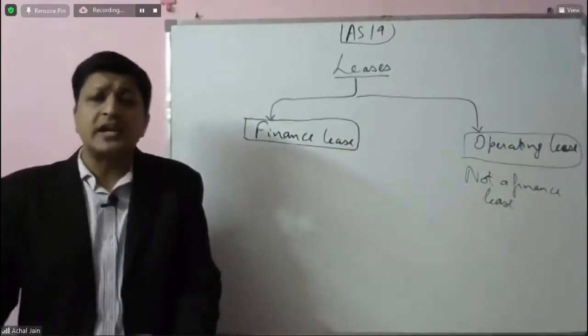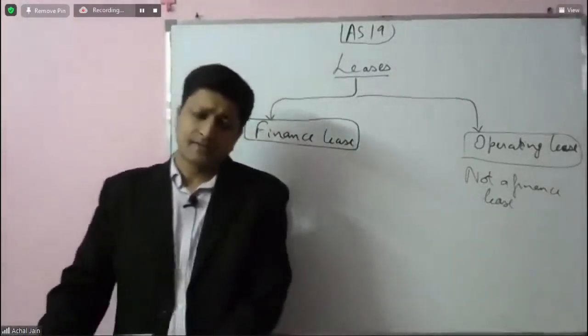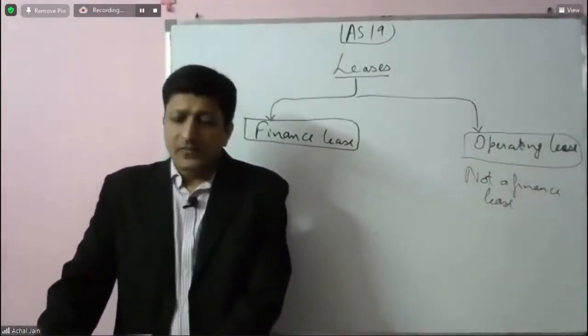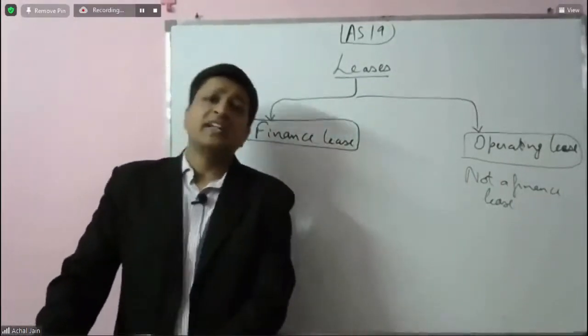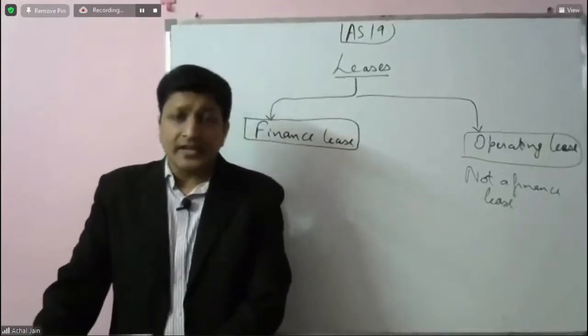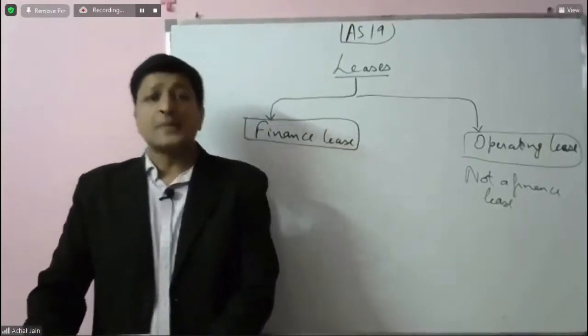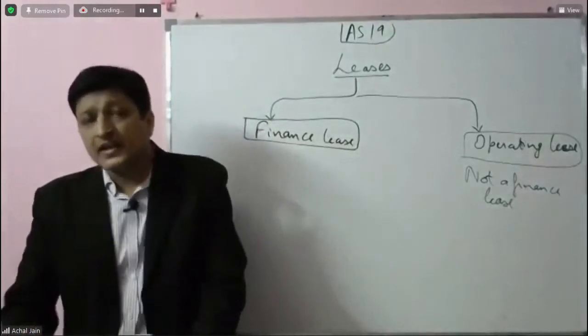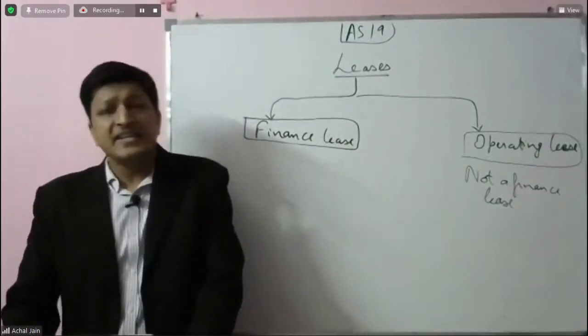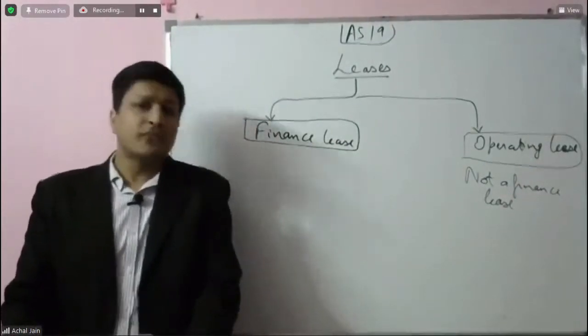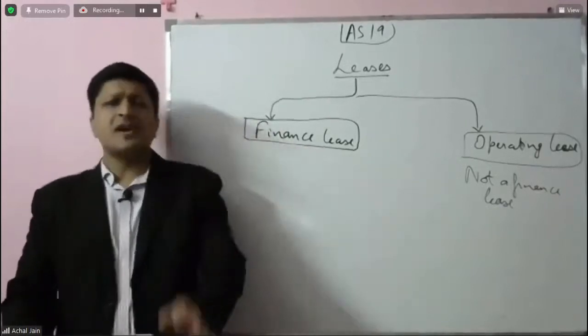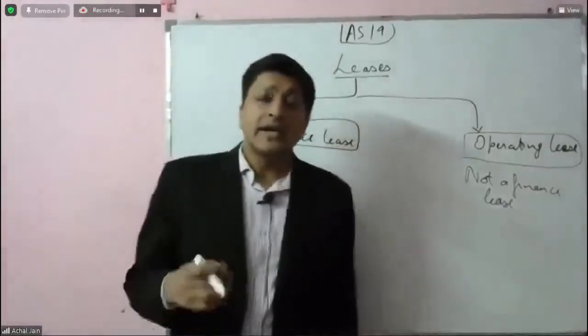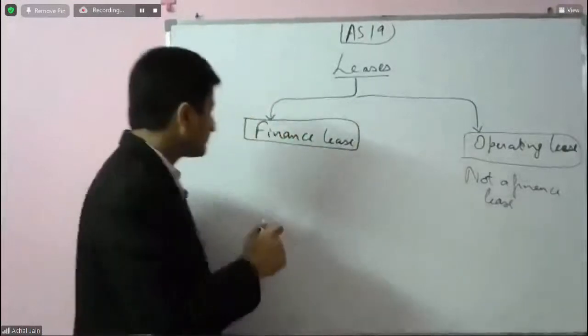So all in all, standard is giving you 8 indicators. If any of those indicators exist in the lease arrangement, it would become a finance lease, otherwise not. So let's understand those indicators one by one.